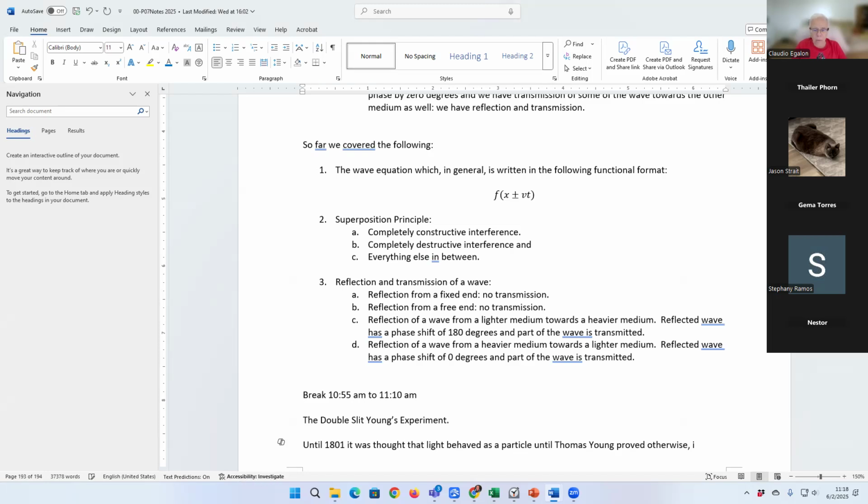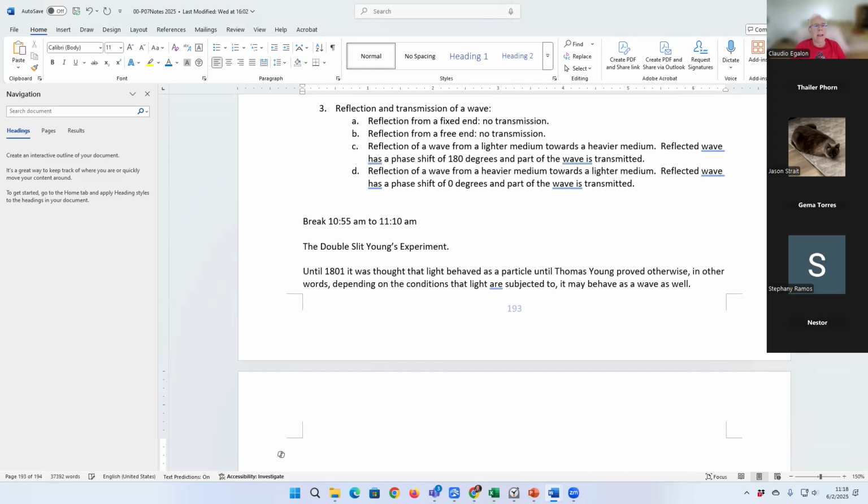Light, in other words, depending on the conditions that light is subjected to, it may behave as a wave as well. Okay? And it's all dependent on the conditions, right? So recall that we studied geometrical optics, right?